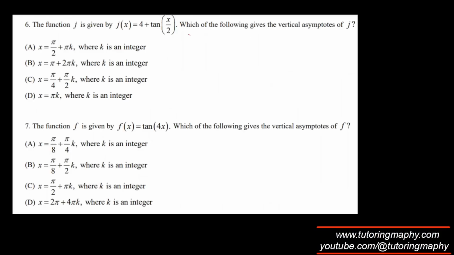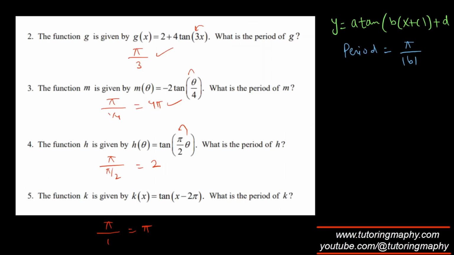Okay, we have to find what is the vertical asymptote. I'm going to go back and tell you the generalized way to find the vertical asymptote. If this is the generalized transform function, then the VA will be given by all those points where the inside thing of the tan, b times x plus c, is pi over 2 plus n pi, where n is any integer.